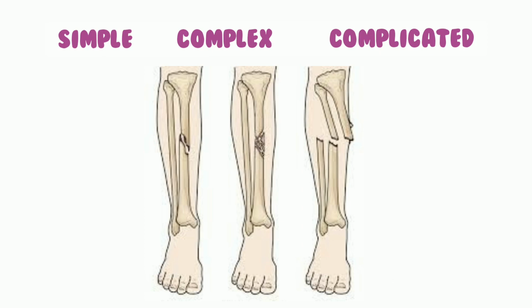For example, comminuted intra-articular fracture of the proximal part of the tibia. Complicated fractures, if associated with the damage to an adjacent neurovascular structure, often require emergency treatment.